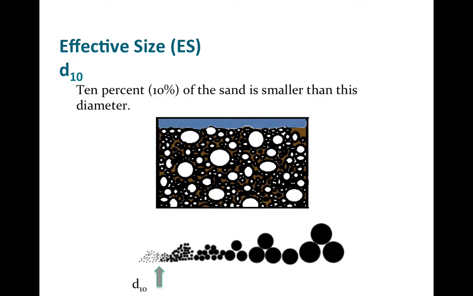The effective size is the diameter of the 10th percentile of the grains. This means that 10% of the grains in the sand are smaller than this particular grain size, and 90% are bigger. If you took 100 people and made them stand in a line from tallest to shortest, the person 10 in from the shortest would be the 10th percentile height.